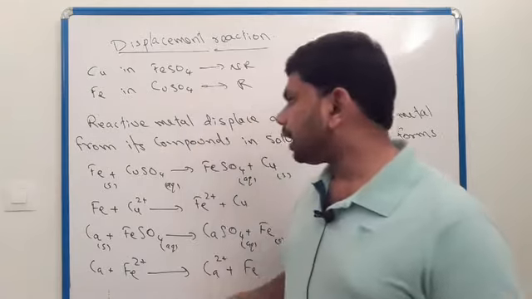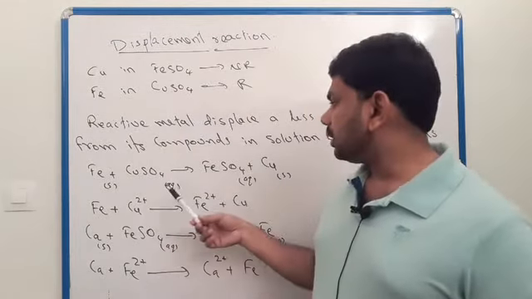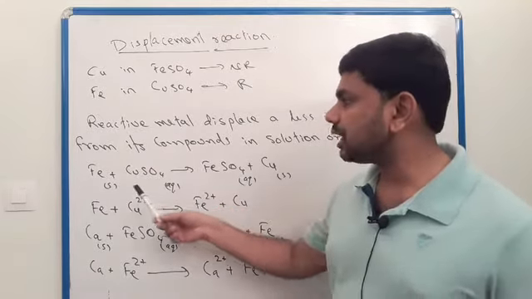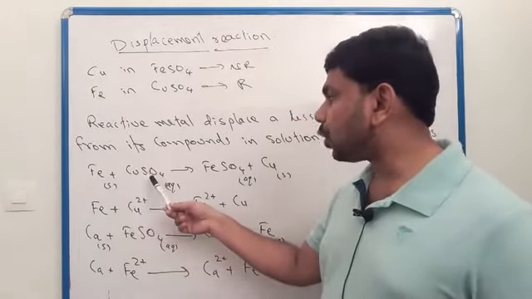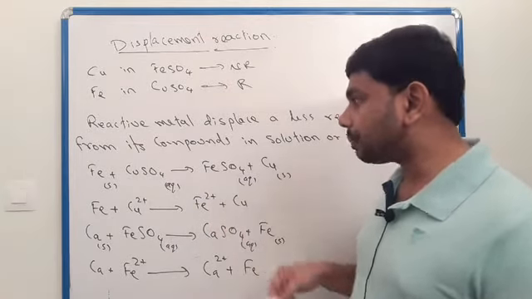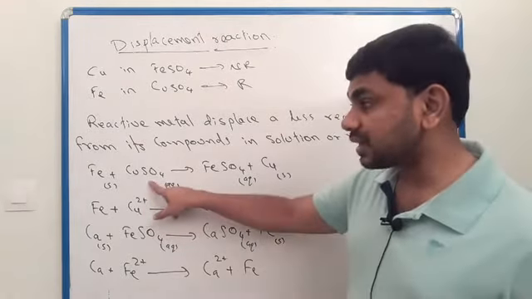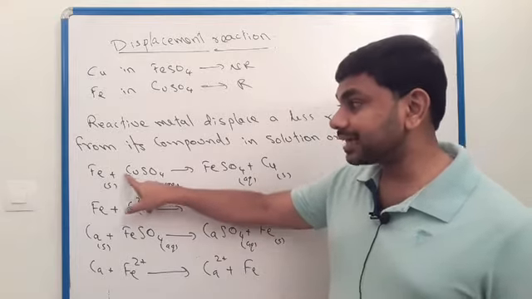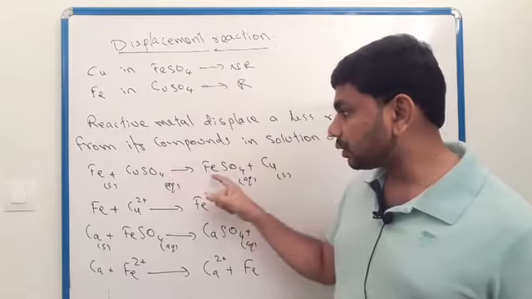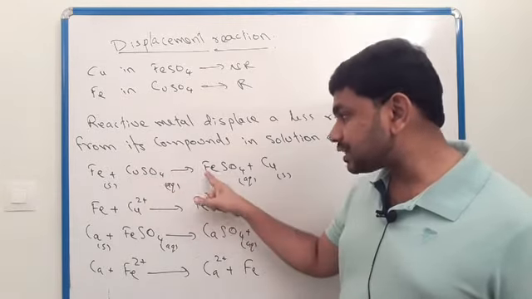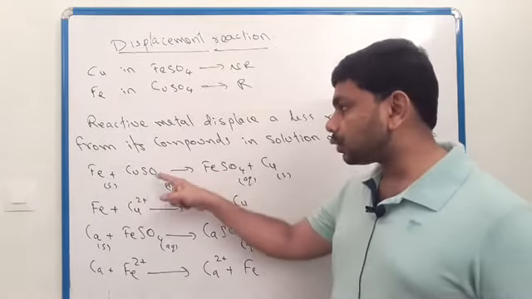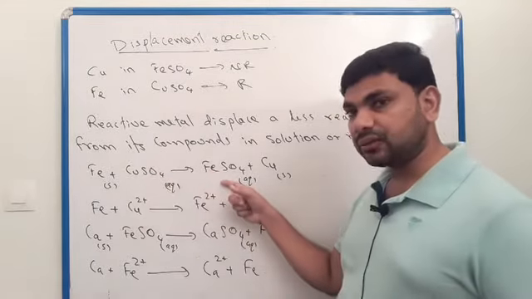And see here, this is the chemical equation for the displacement reaction. Iron will displace copper from copper sulfate and form iron sulfate and copper. Before, it was copper sulfate, and copper is less reactive than iron. During this chemical reaction, copper is displaced by iron, and copper sulfate changes to iron sulfate.